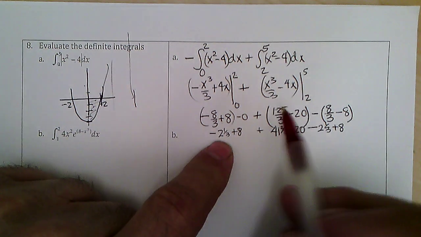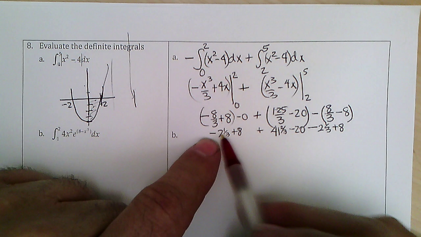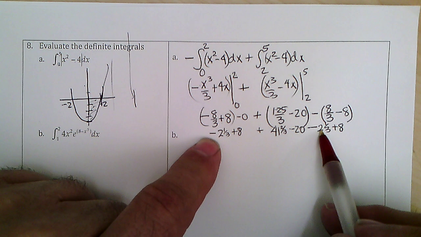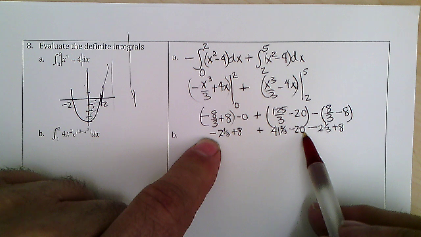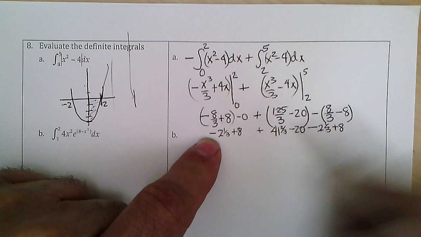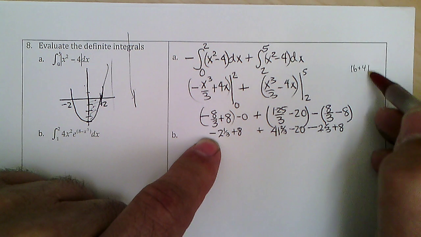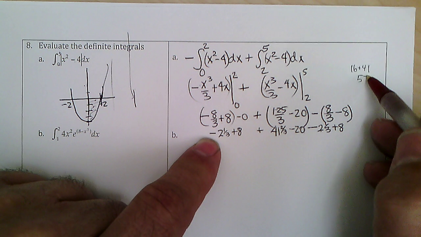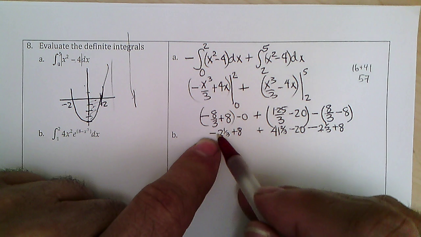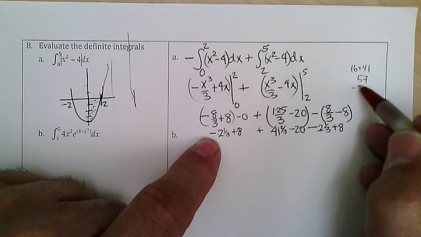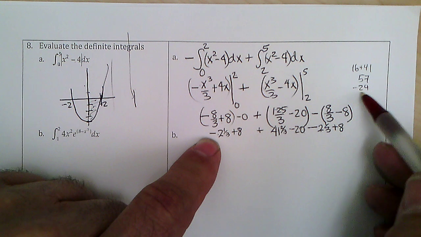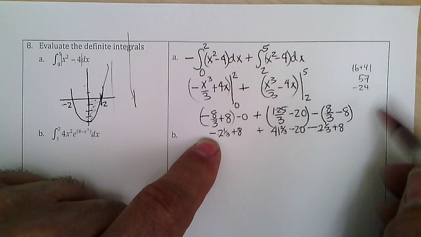So we have minus 2, minus 4, minus 20, minus 24, and 16 and 41. 16 plus 41 is 57, minus 24, that would be 33.